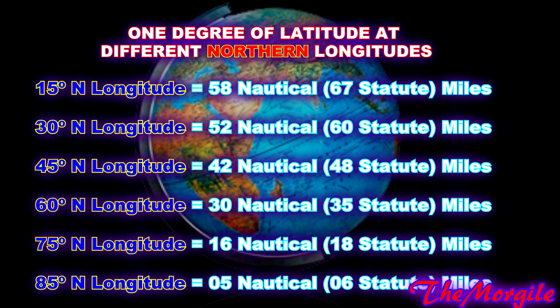And 85 north, well into the Arctic Circle, almost to the top of the sphere, 1 degree of latitude at 85 north is about 5 nautical miles or about 6 statute miles.